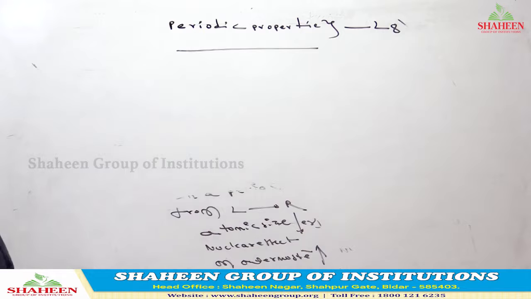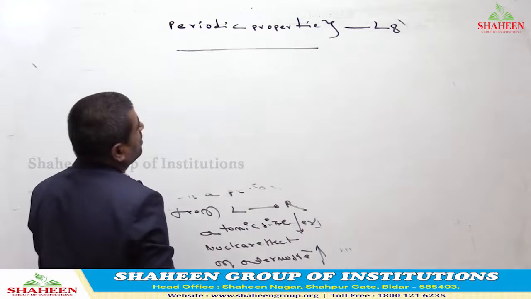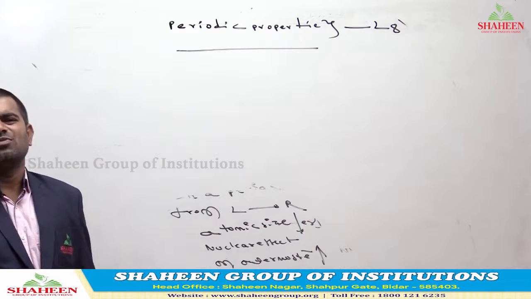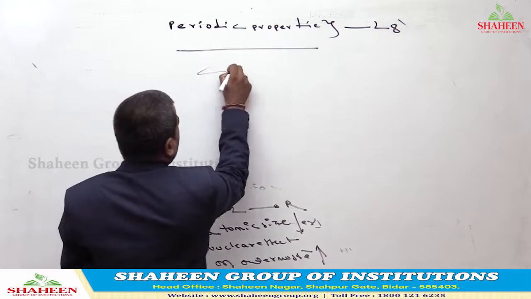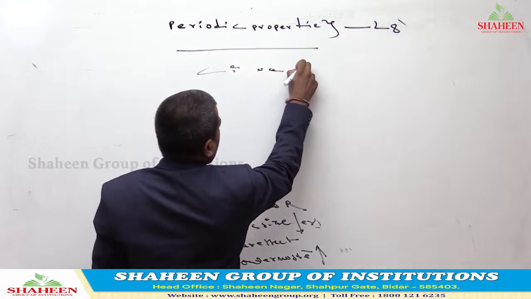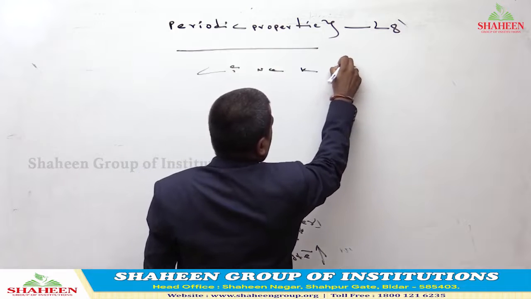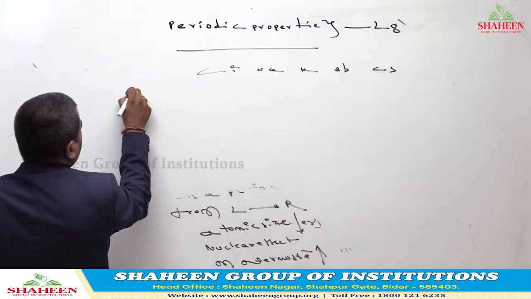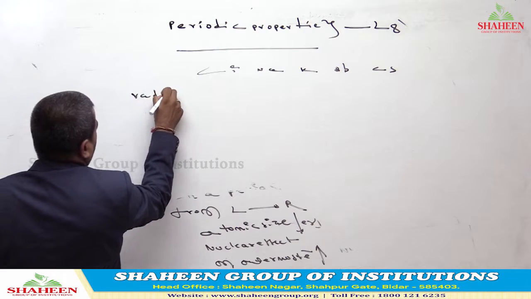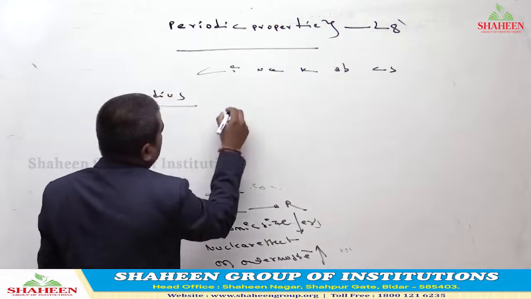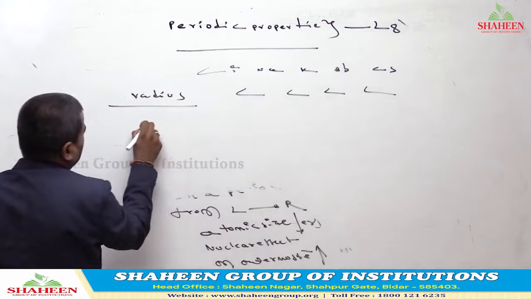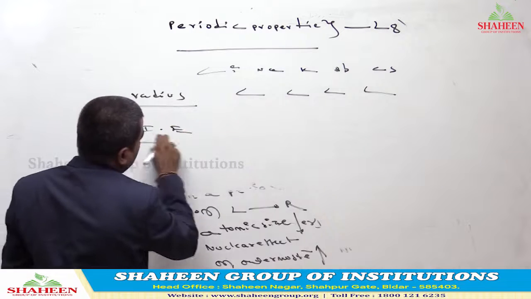So, this is ionization energy. For example, take the first group A elements: lithium, sodium, potassium, rubidium and cesium. The radius is already given; down the group the radius increases, and once the radius increases, ionization energy decreases.